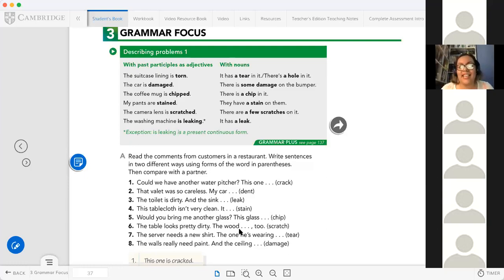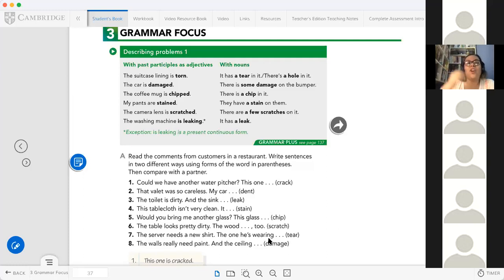Tiene que ser has. The wood has a scratch. O de lo contrario con el adjetivo, the wood is scratched. Yeah, scratched. Okay, number 7. The server needs a new shirt. The one he's wearing has a tear.